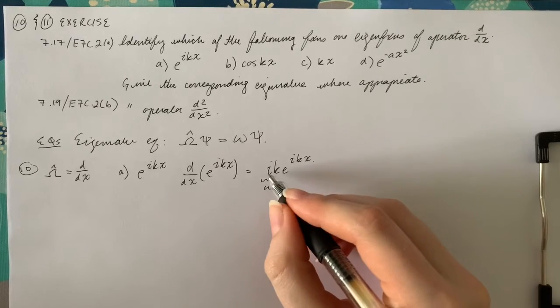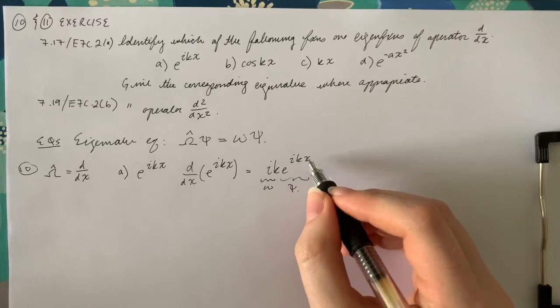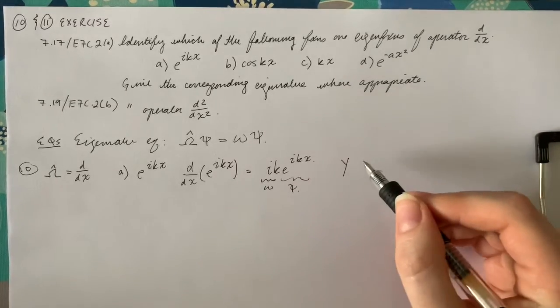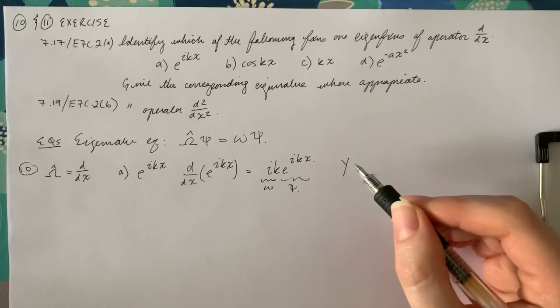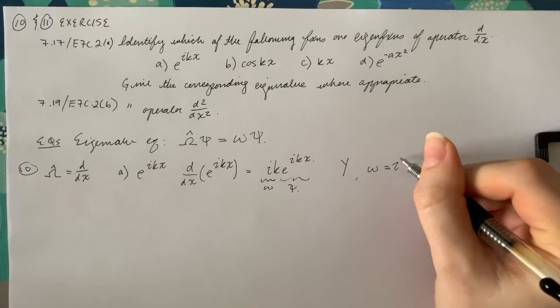So we have the same function given back, e to the ikx, plus a constant, i times k. So here, yes, this is an eigenfunction of the first derivative operator, where the eigenvalue is ik.